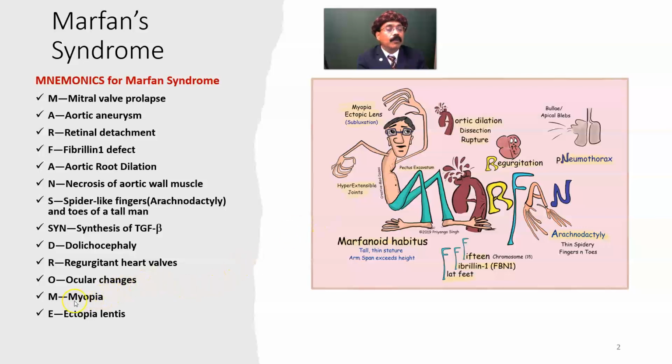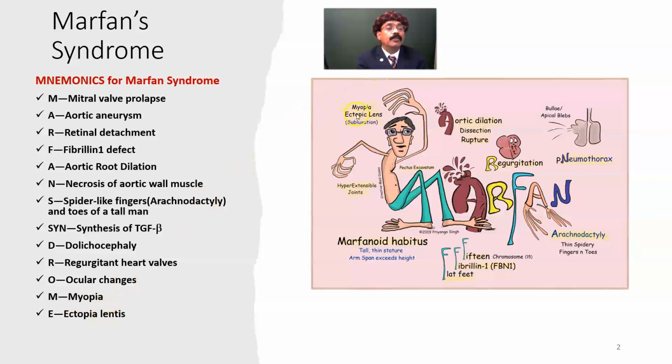There will be myopia: the eyeball will be elongated, giving short-sightedness, which is called myopia. Due to the dislocation of the lens, we get ectopia lentis.